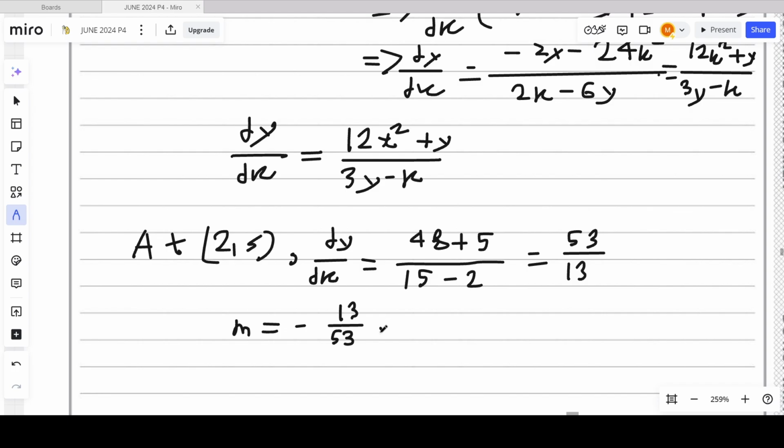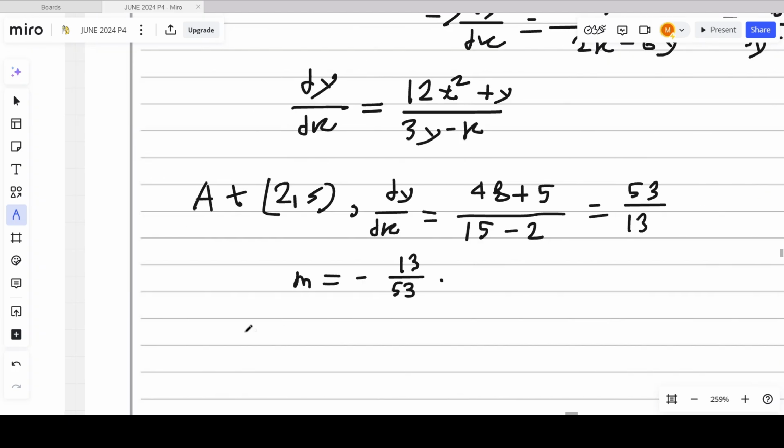Done. Our next step is to find the equation of the normal. The equation is y minus y1 equals m times (x minus x1).